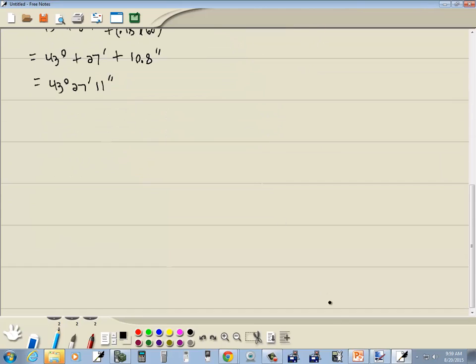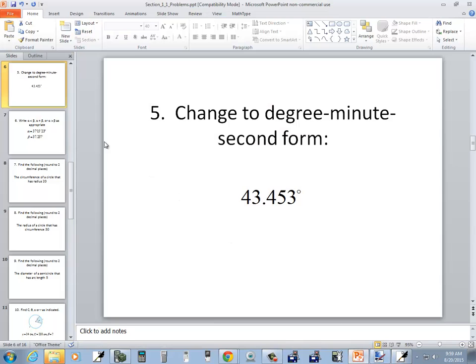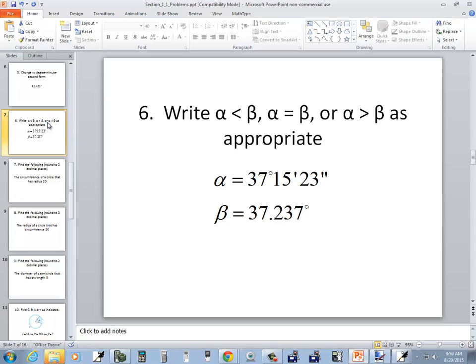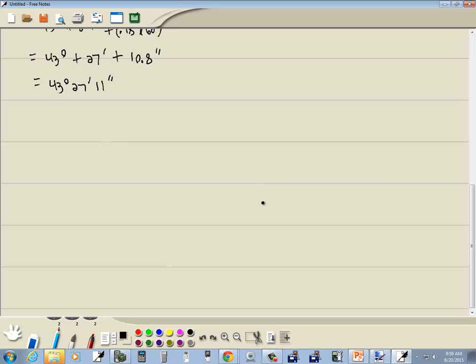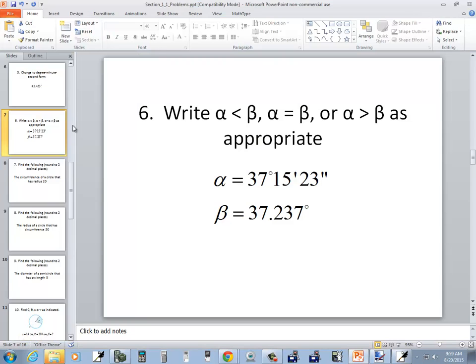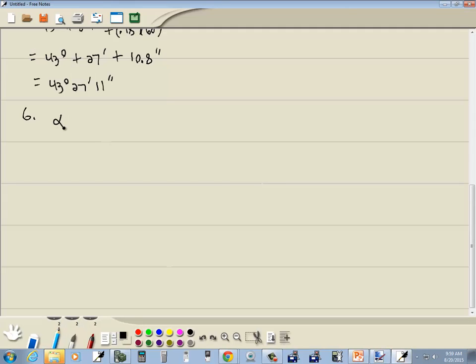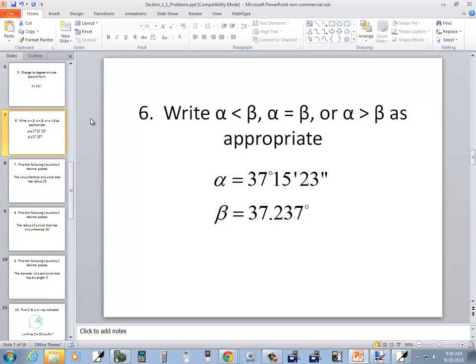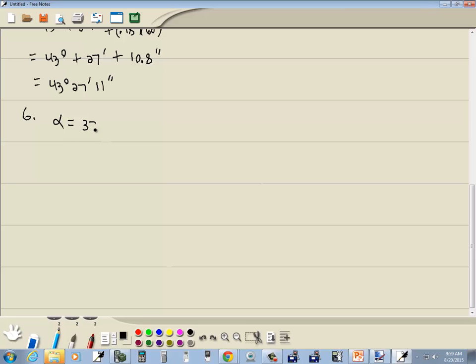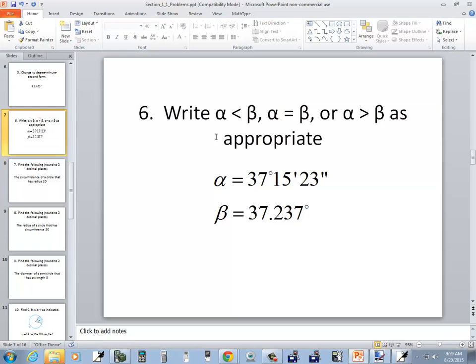Okay, let's see if there's another one similar to that. Okay, let's take a look at this one, and then I'll save the page. It's telling us this is the Greek symbol for alpha. It's telling us alpha is 37 degrees, 15 minutes, and 23 seconds.